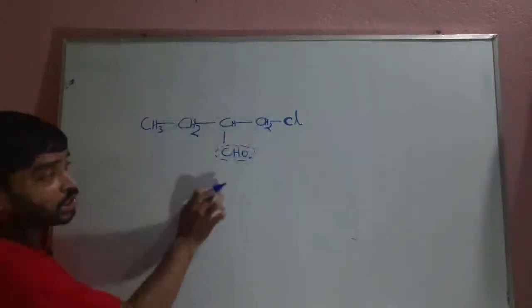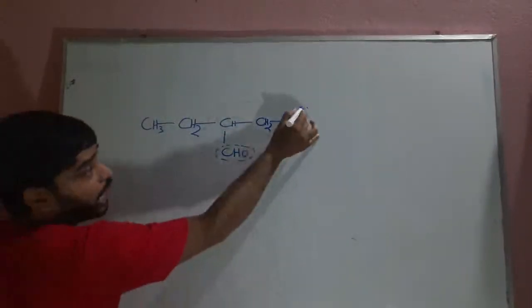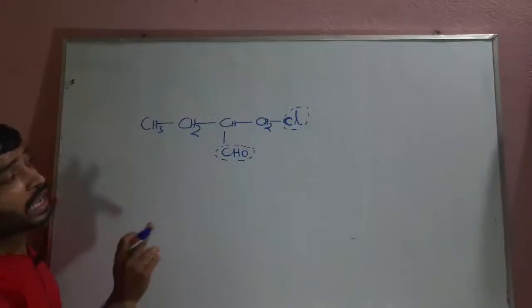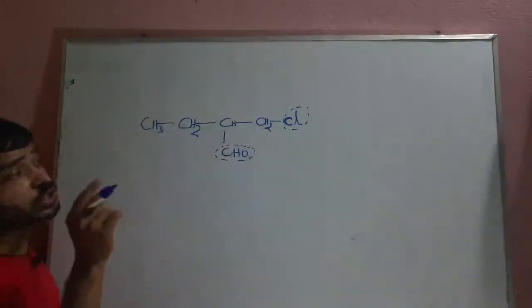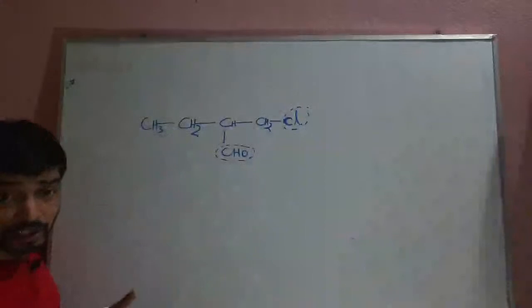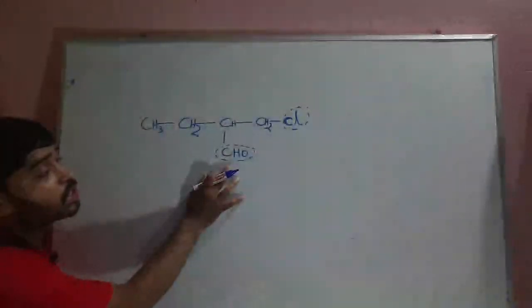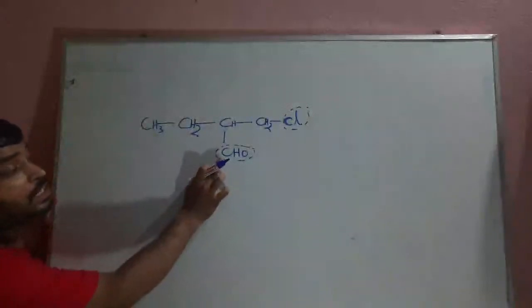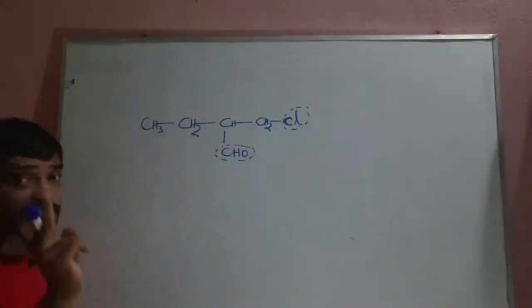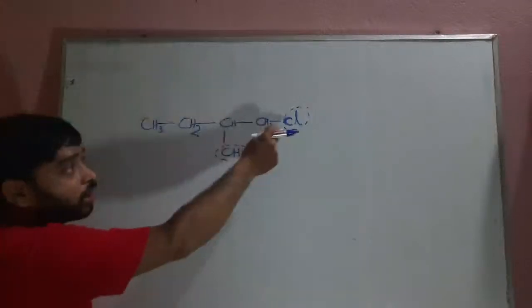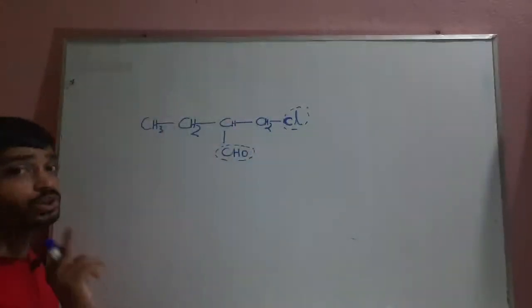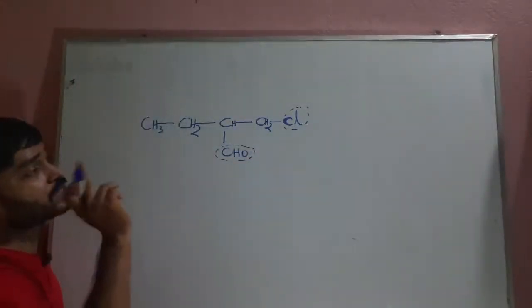Functional groups have a seniority and juniority order, that means priority order. In this case, the aldehyde is the senior functional group, so the aldehyde functional group should always be given priority before the haloalkane group, that means the chlorine group, or halogen group.